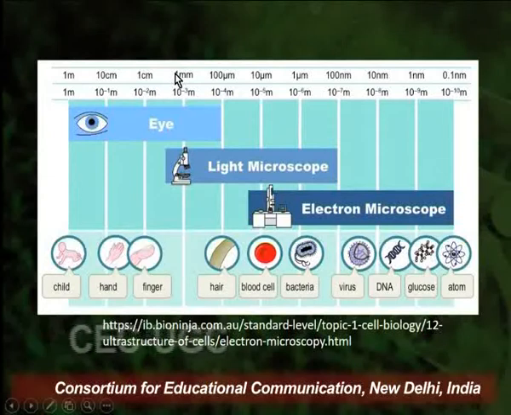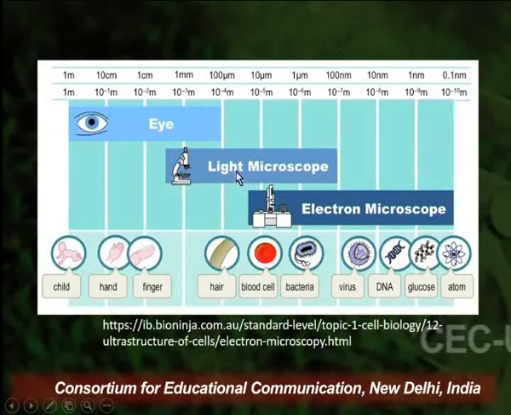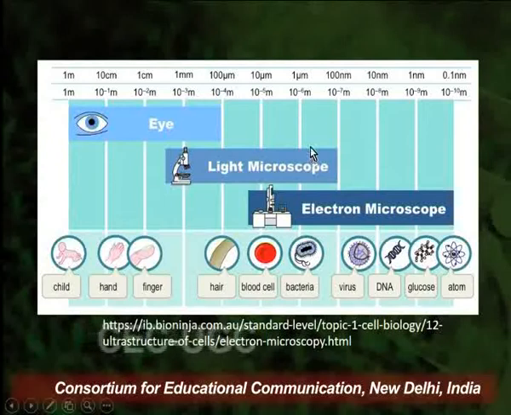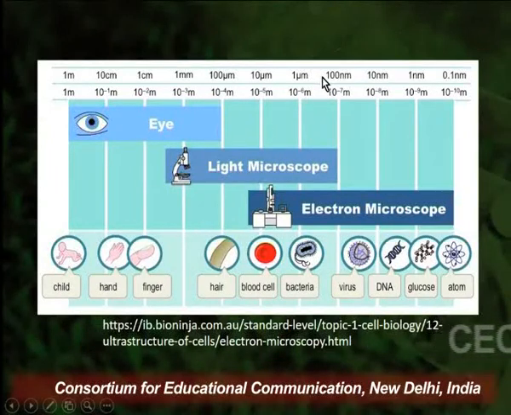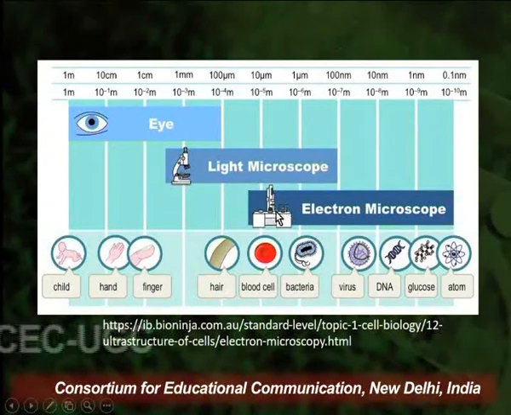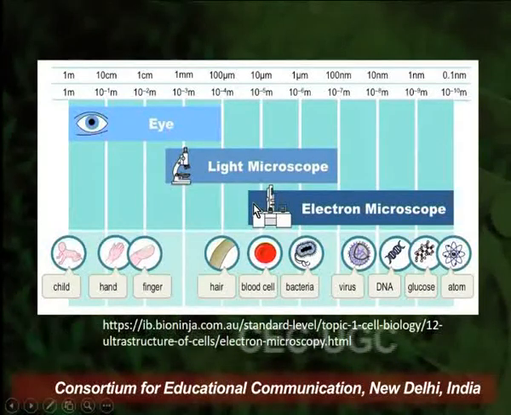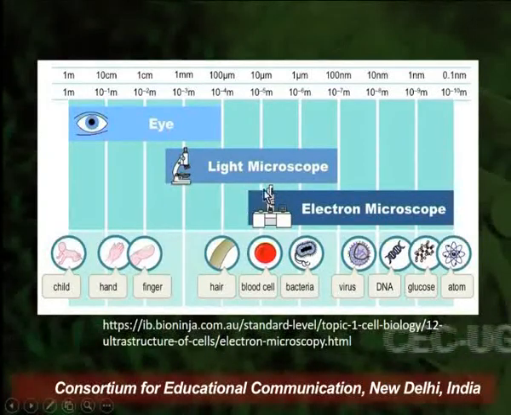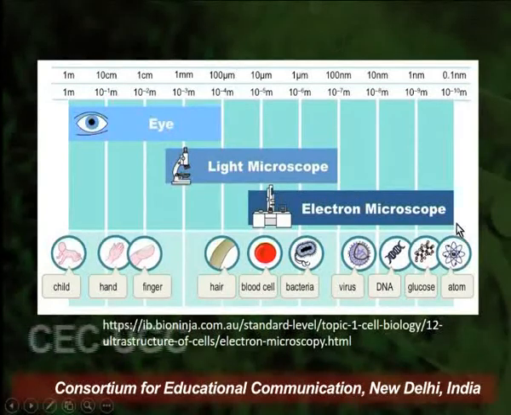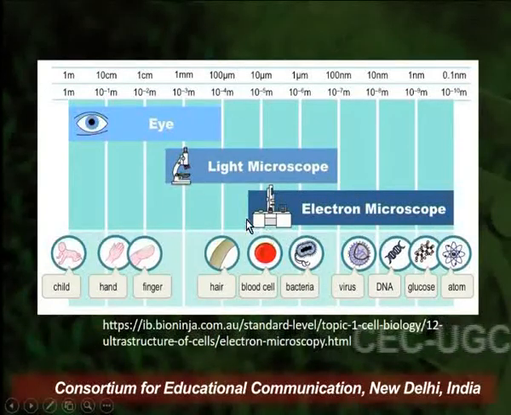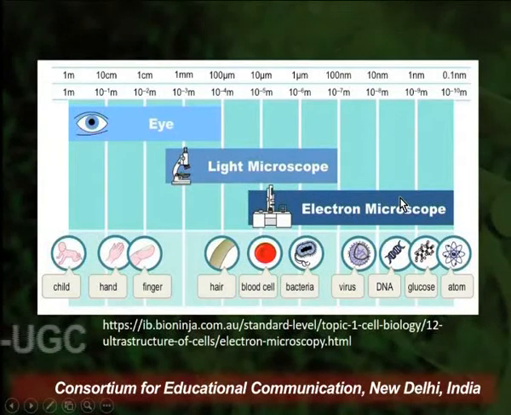But as any object keeps on becoming shorter, we have to use a light microscope. The range of resolution of a light microscope is limited to 100 to 200 nanometers only, and beyond this size, electron microscopes would be used to clearly distinguish two different points of an object, or to observe even the minutest details of the objects.